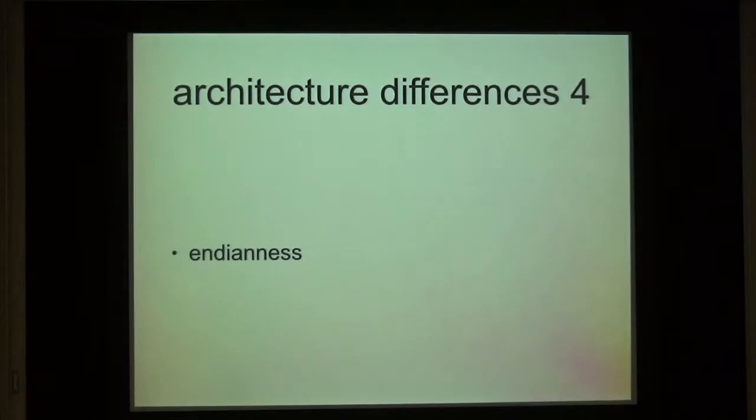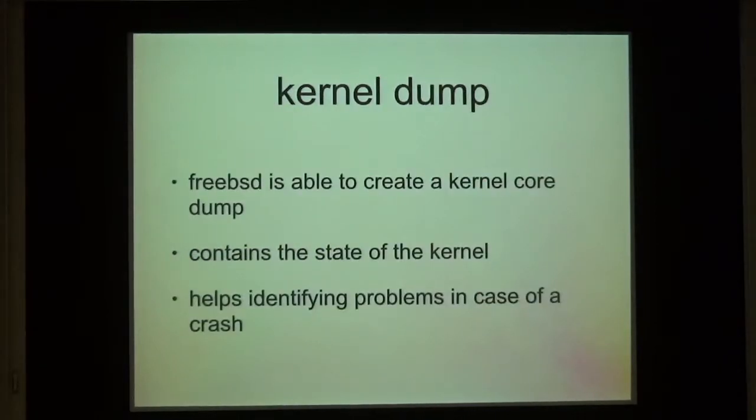Now we'll jump to what a kernel dump is. You can create a kernel dump when something goes bad, or you're just interested in the state of a system at a particular moment, and it contains all the stuff that's happening in the kernel: the TCP stuff, processes, memory management, all the buffers and stuff like this. It's really useful to look at the kernel core dump in case of a crash, to investigate what's going on.